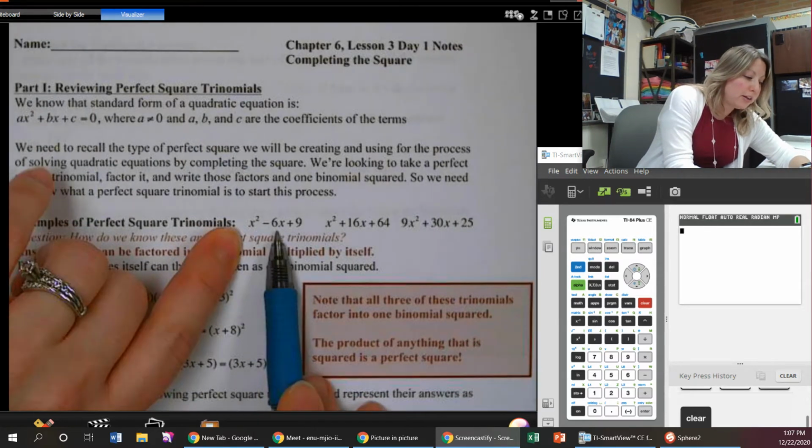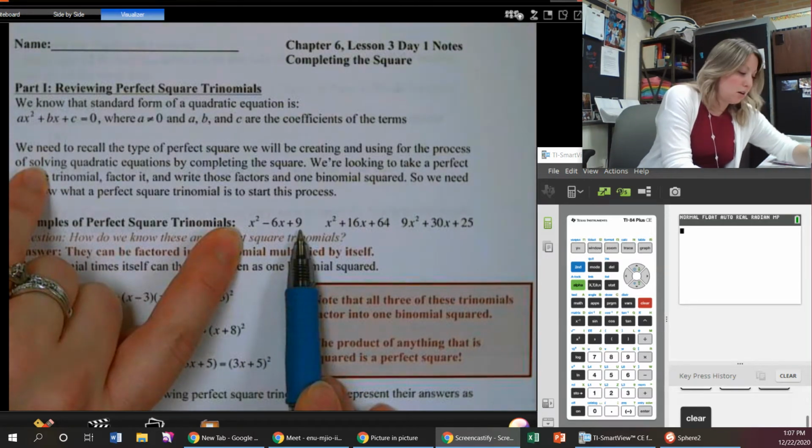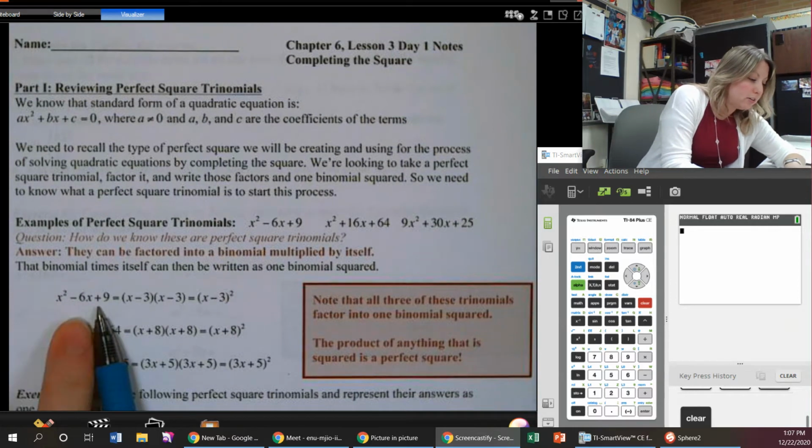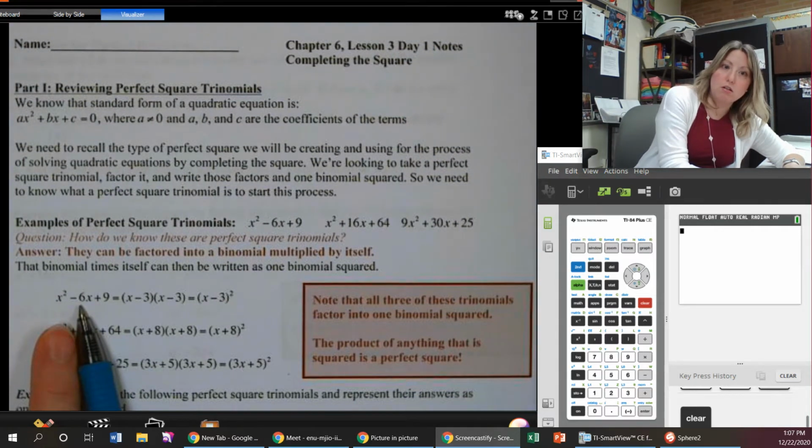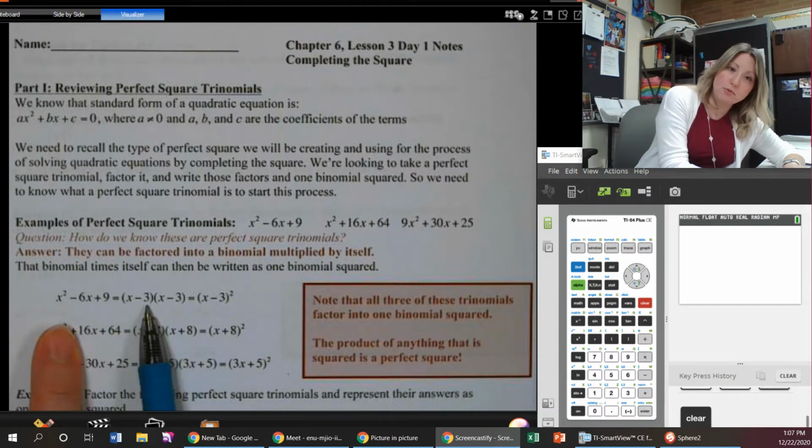x squared minus 6x plus 9. Because when factored, the factors of 9 that add up to -6 are -3 and -3.